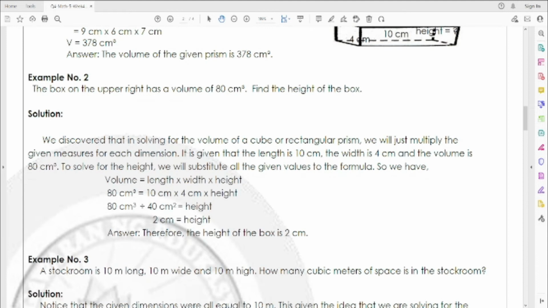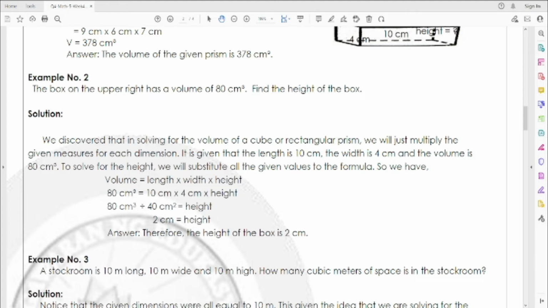So we discovered that in finding the volume of a cube or rectangular prism, we just multiply the given measure for each dimension. It is given that the length is 10 centimeter, width is 4 centimeter, and the volume is 80 cubic centimeter. So to solve for the height, we will substitute all the given values to the formula.